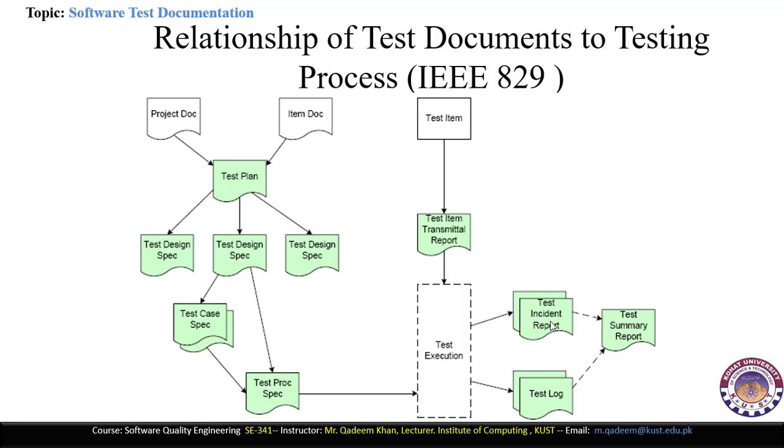These incidents are properly reported in the test incident reports, and also from the test execution we create the test logs because the testing is automated. So we create the test logs here. The test logs are automated files created by the computers which include information about the testings.